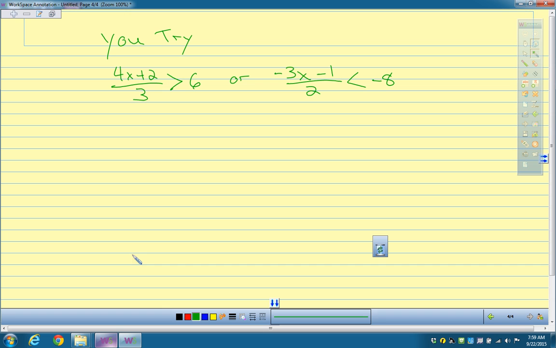Try to do the graph for that, and then try to write it in interval notation as well. Okay? There you go. I'm waiting for you, Jake.